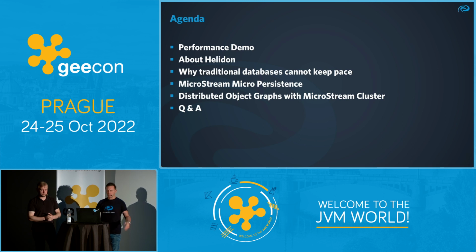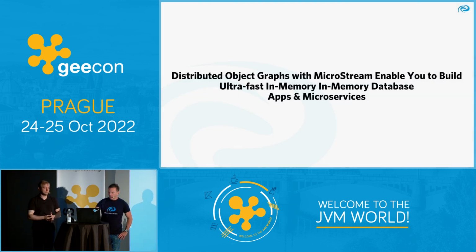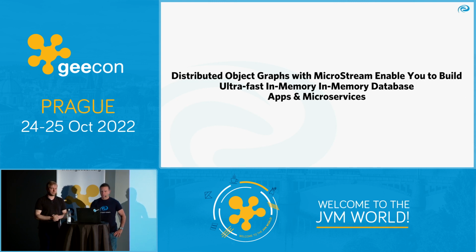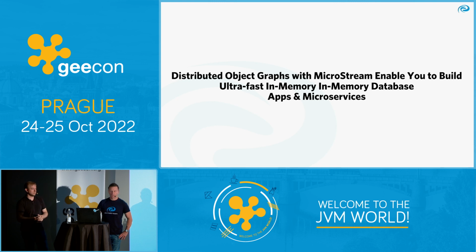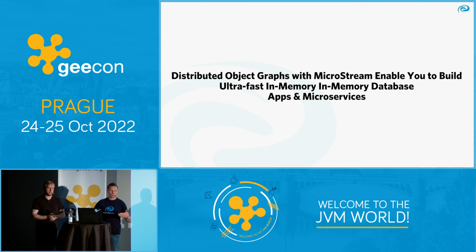Then we talk about distributed object graphs with MicroStream, and I'm sure we will have some time for Q&A. Why distributed object graphs? Because with distributed object graphs and MicroStream, you will be able to build the fastest application with pure Java, whether an application or microservices.